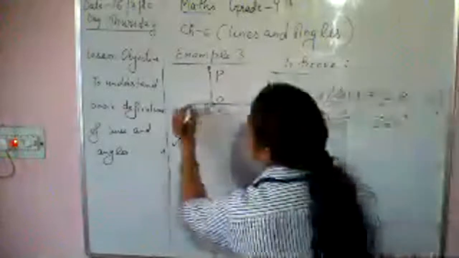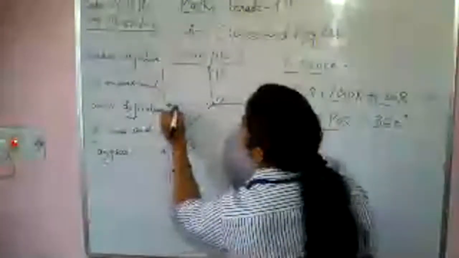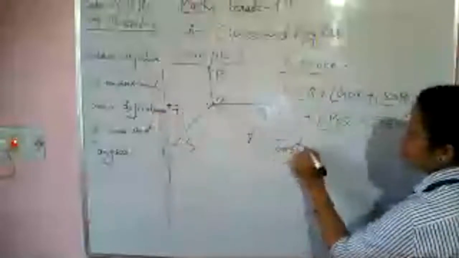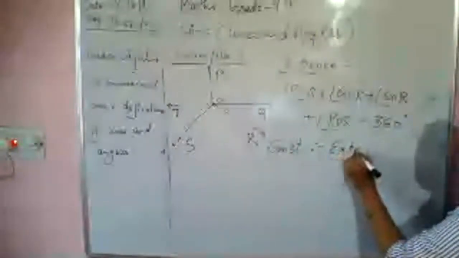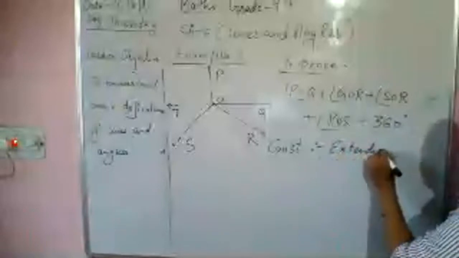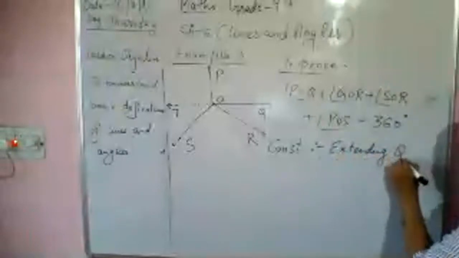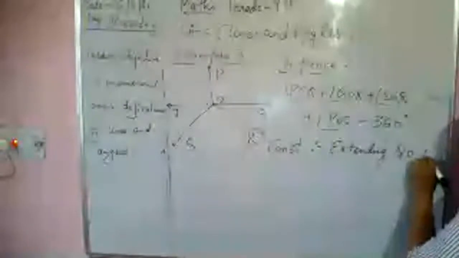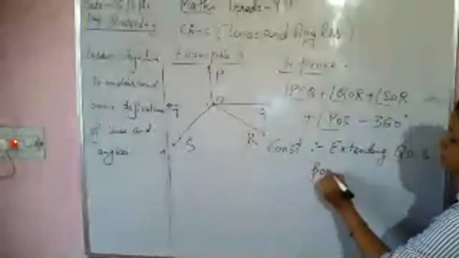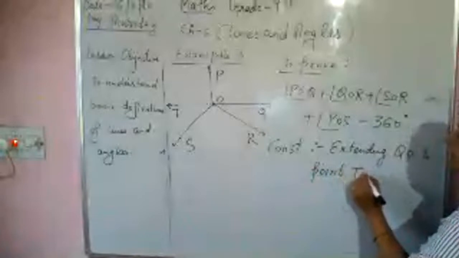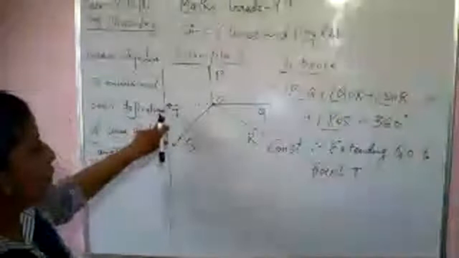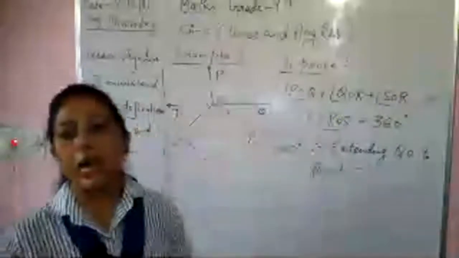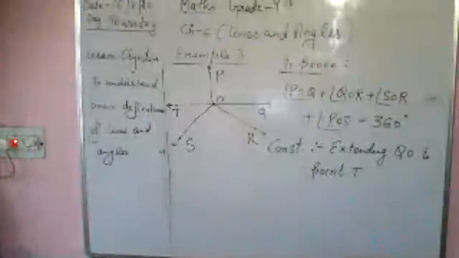So you will draw a straight line, extending QO to point T, or you can draw a line OT such that TOP lies in a straight line. This also you can write.